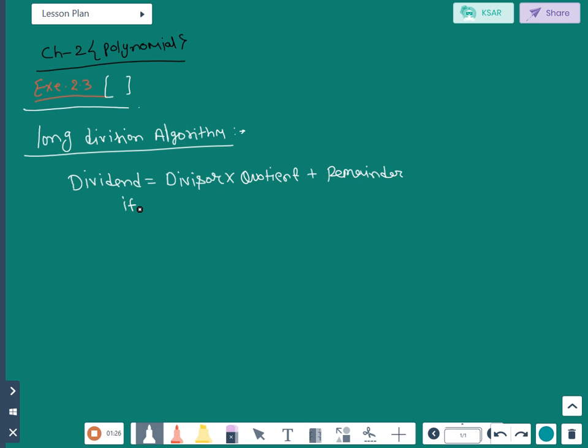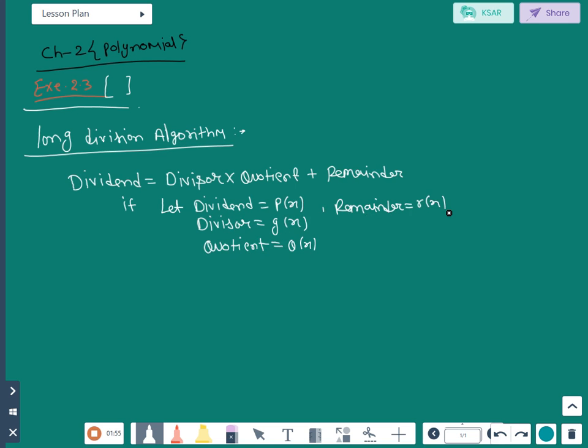And students, here we consider let dividend is equal to p of x, divisor is equal to g of x, quotient is equal to q of x, and remainder is equal to r of x.